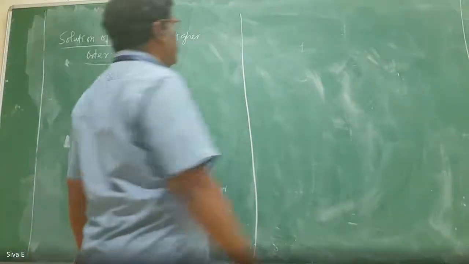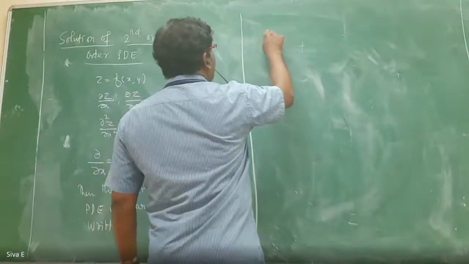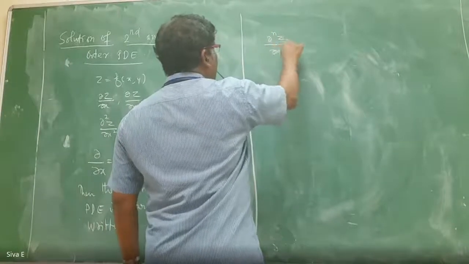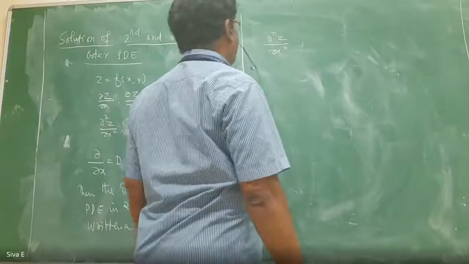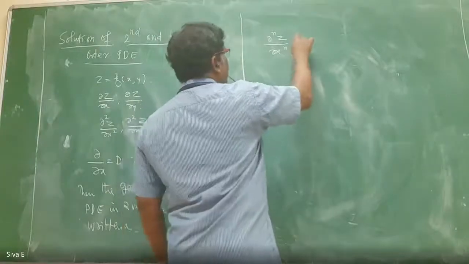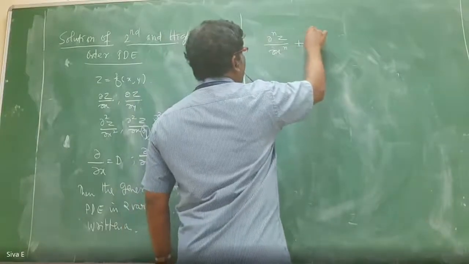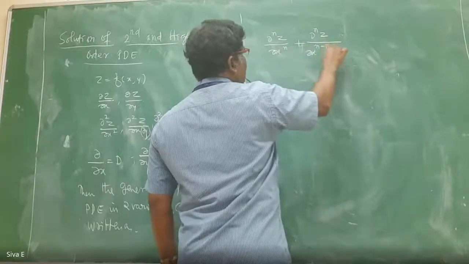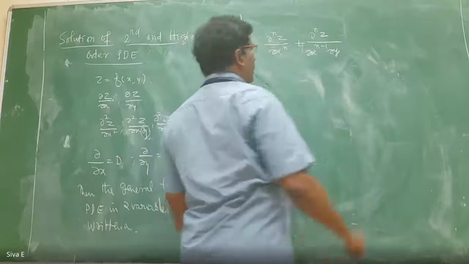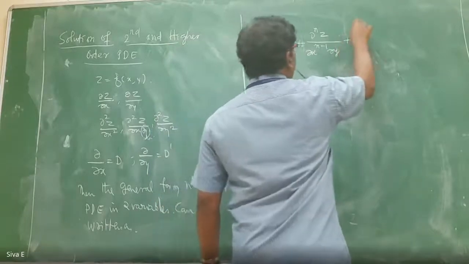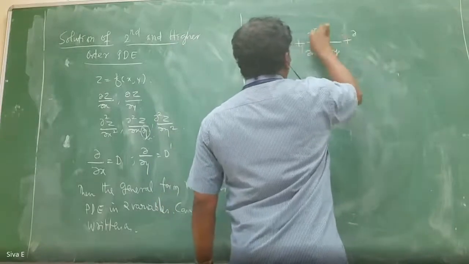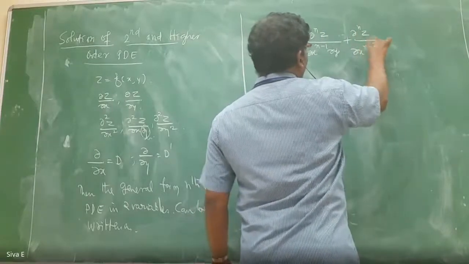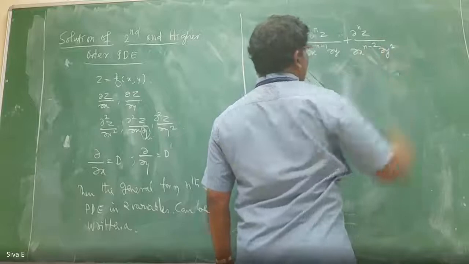Here I am writing dou power n z by dou x power n first term, plus dou power n z by dou x whole power n minus 1 into dou y, plus dou power n z by dou x whole power n minus 2 dou y square.